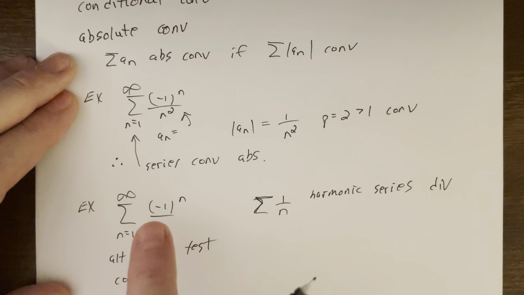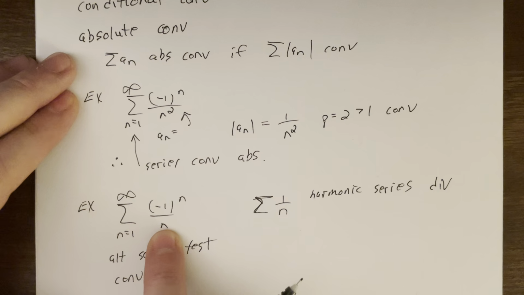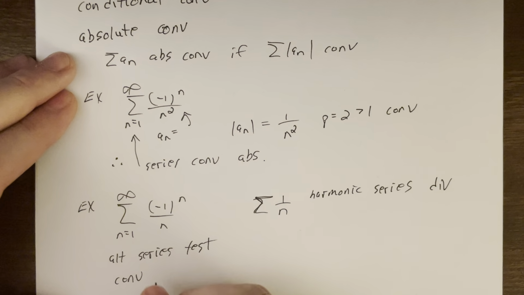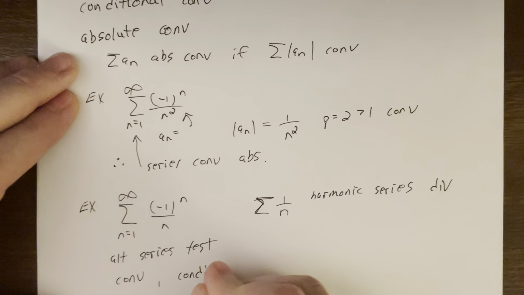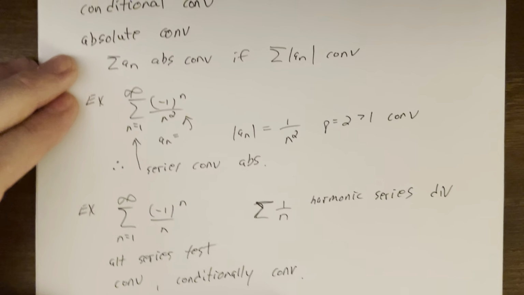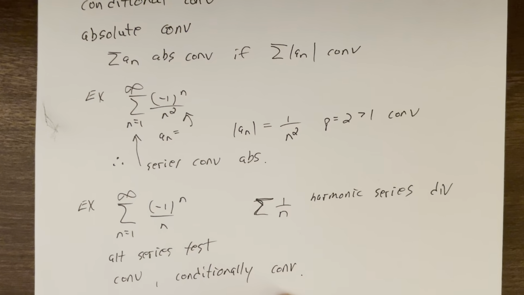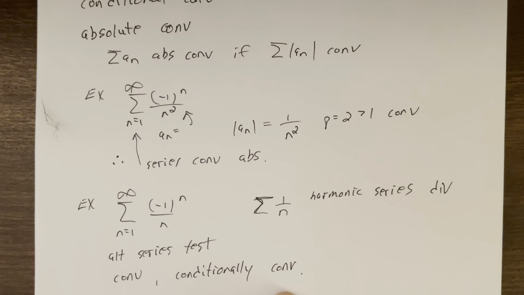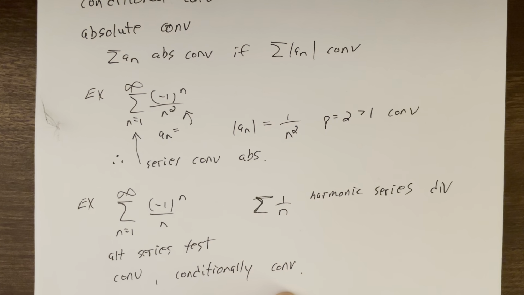But since the original series converged, but the absolute value did not, that would specifically imply that this conditionally converges. That's the difference, everybody. Now, if there are no negative terms, if we just started off with a 1 over n squared, we already know that's a convergent p-series.